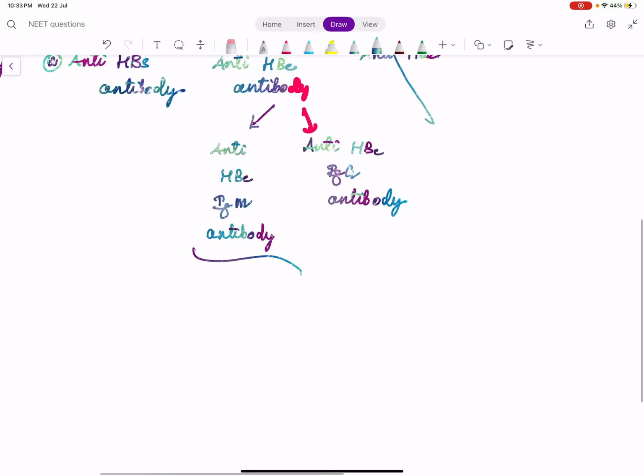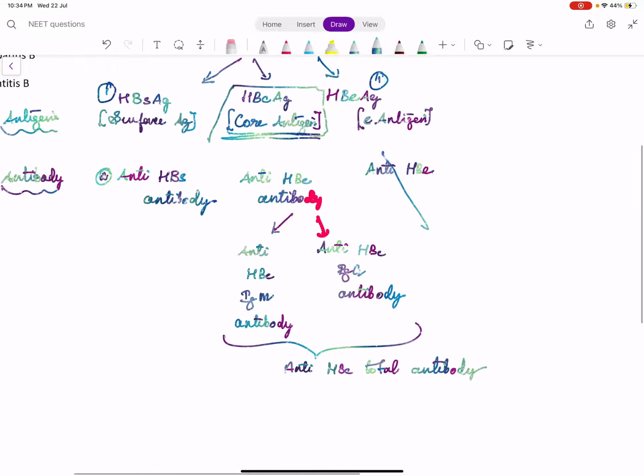Sometimes these are measured together, called anti-HBc total antibody. Okay, so 3 antigens, 3 antibodies.